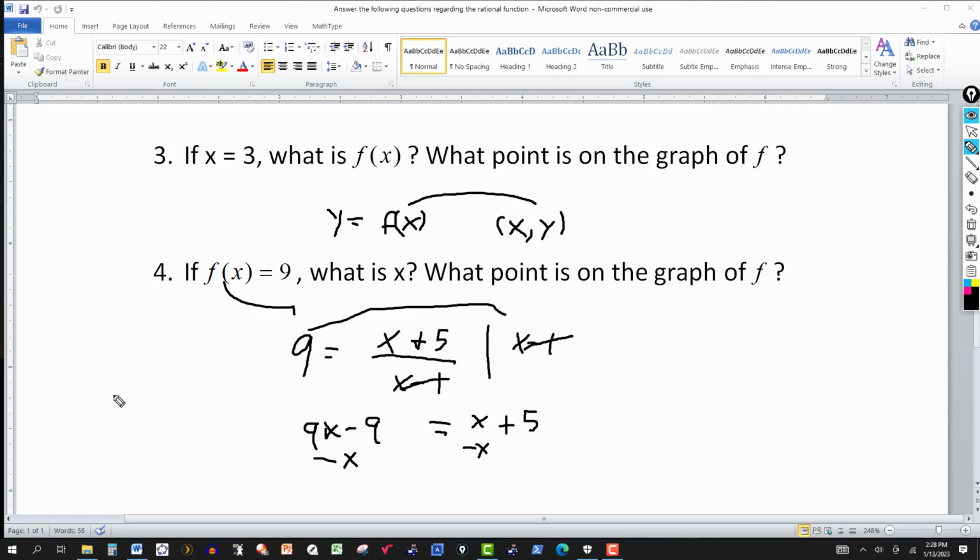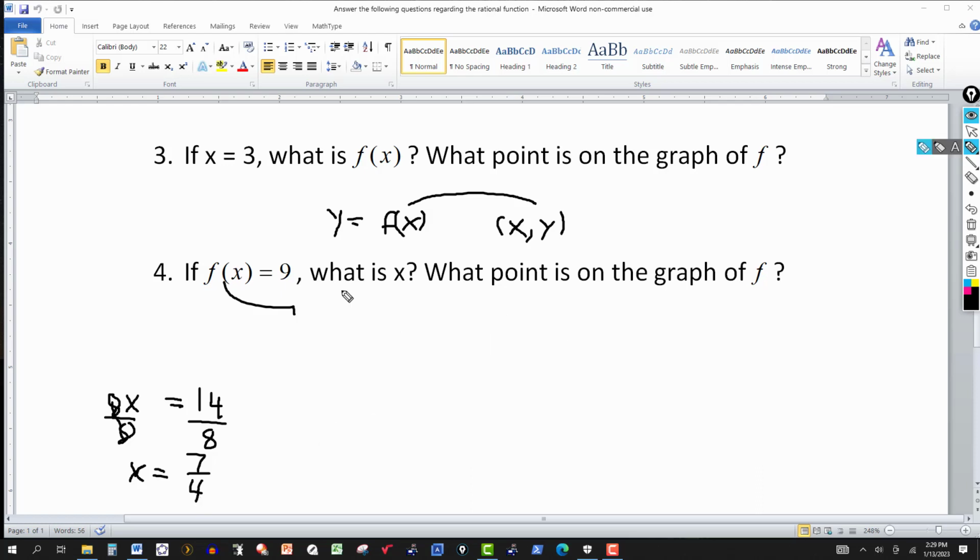That gives me 8x on the left side. Then we add 9 to both sides. Minus 9 and 9 cancel, and 5 and 9 is 14. Divide both sides by 8, and I get x is equal to 14 over 8. I can reduce that by dividing by 2. 14 divided by 2 is 7, and 8 divided by 2 is 4.